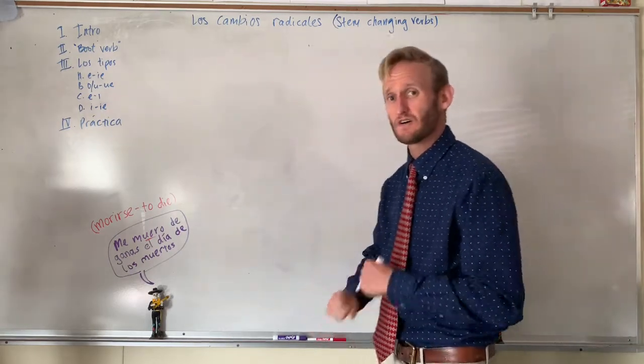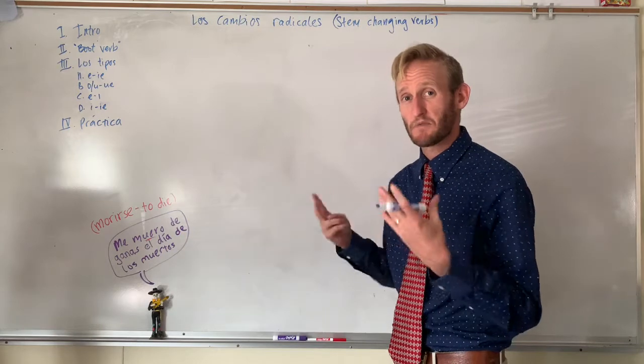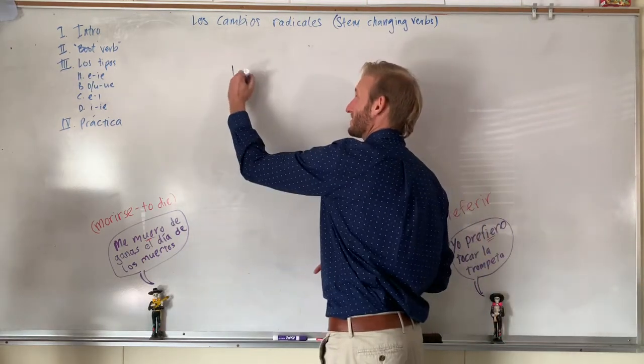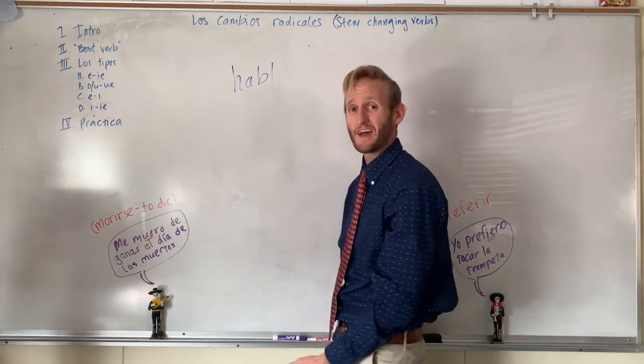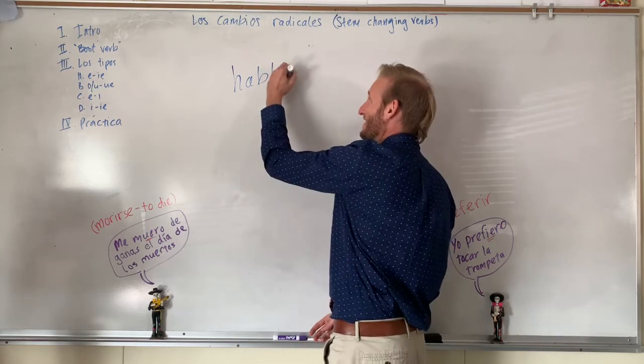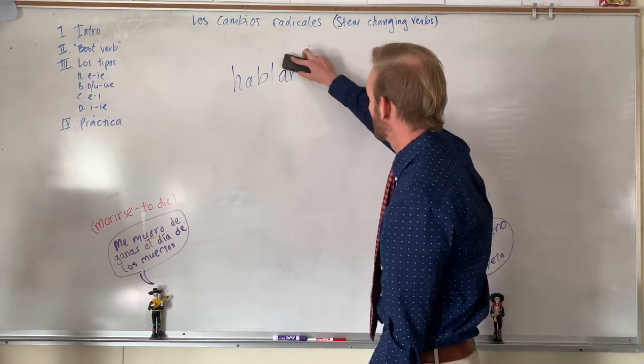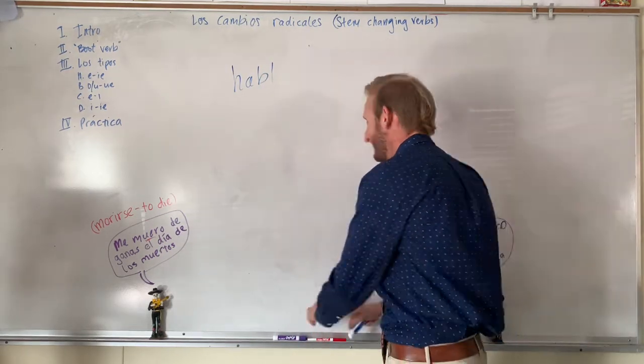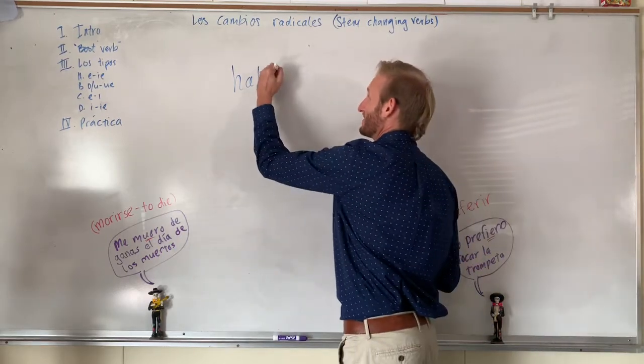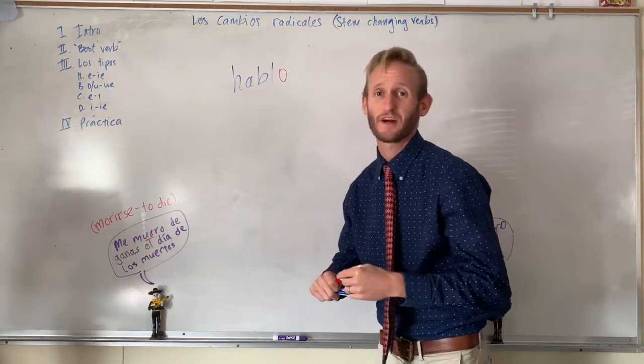If you recall, a typical verb is comprised of two parts, the stem and the ending, which could be the infinitive, or we could add a conjugation to it, just like hablo, I speak.